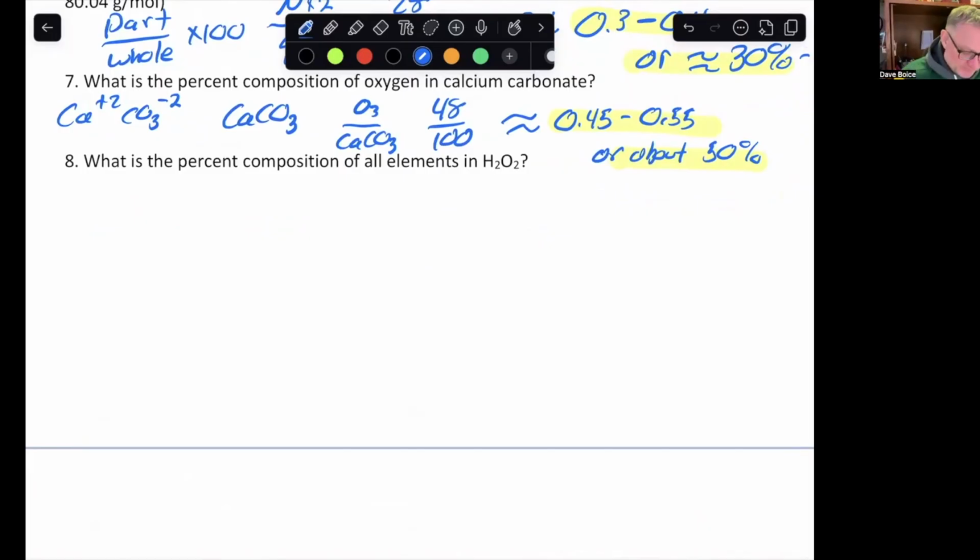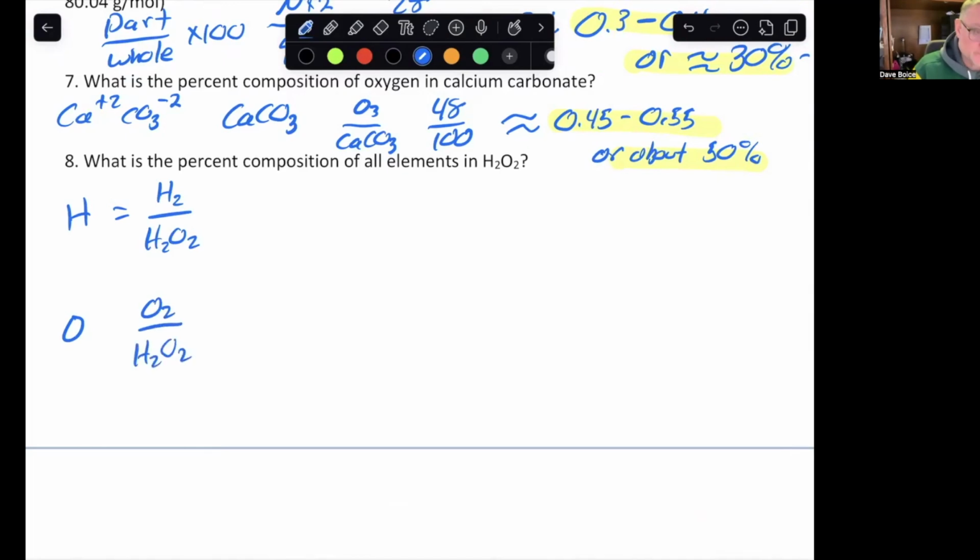What is the percent composition of all the elements in H2O2? We would call that dihydrodioxide, but in the grocery store, you would call that hydrogen peroxide if you are in the know. So let's take a look. First, we have hydrogen and we have oxygen. And so hydrogen is going to be H2 divided by H2O2, and oxygen is going to be O2 divided by H2O2.